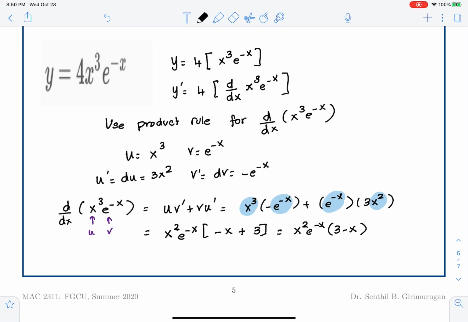Mind you, that is the derivative of whatever that's in there, and we have to find the derivative of y, so we have to multiply it by 4. So y prime is 4 times x squared e raised minus x, 3 minus x.